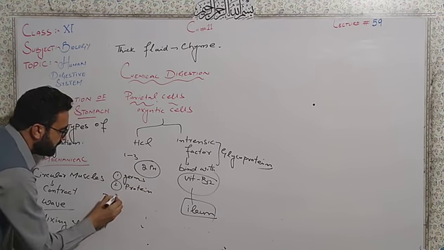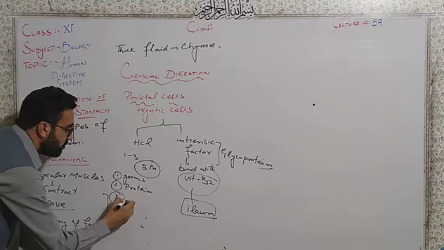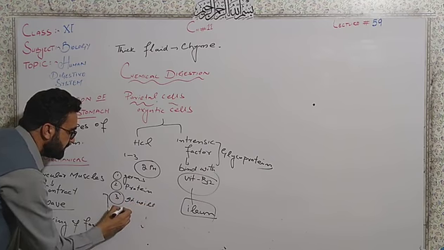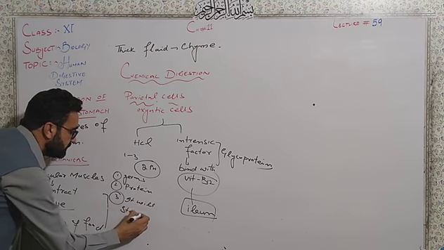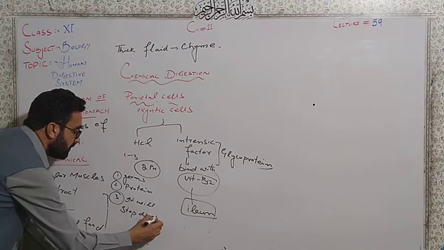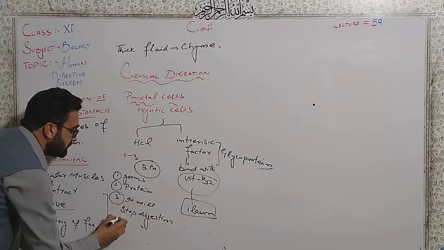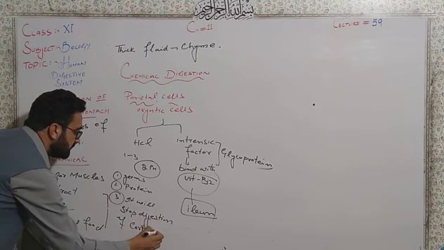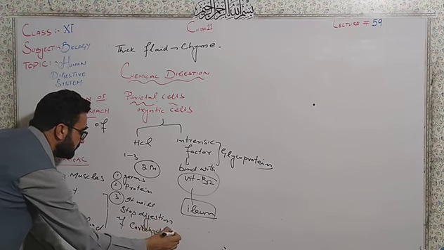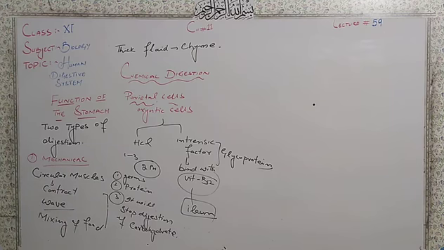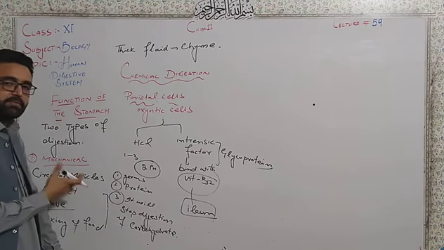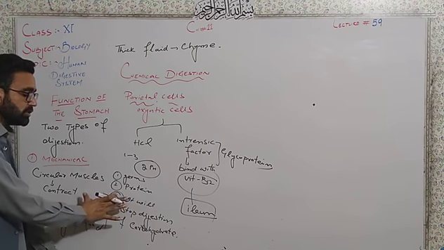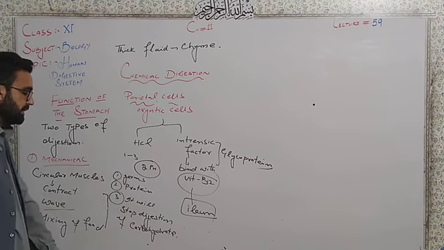And the third one, it will stop the digestion of carbohydrate. Why? Because the amylase enzyme that was present was still functioning, so its function will be stopped by that HCl.